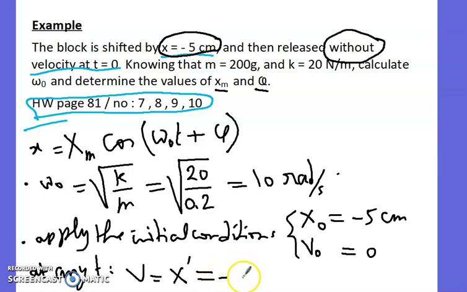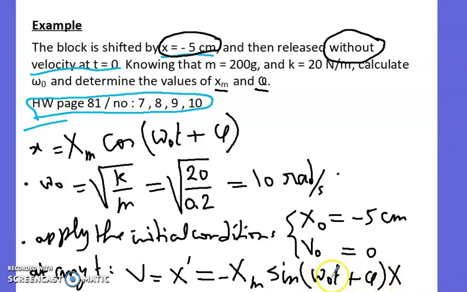It is minus sine u times u prime, remember? So xm sine of omega 0 t plus phi times u prime, the derivative of this, so it is omega 0.